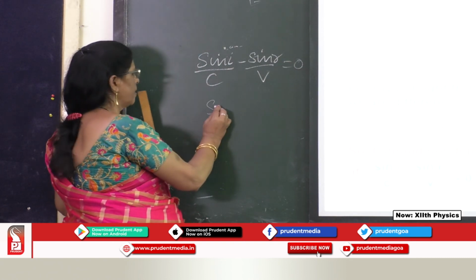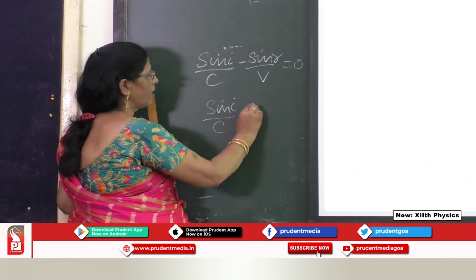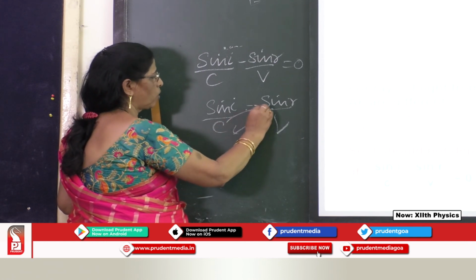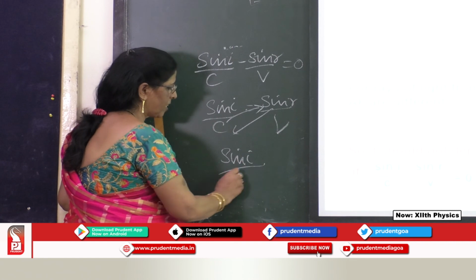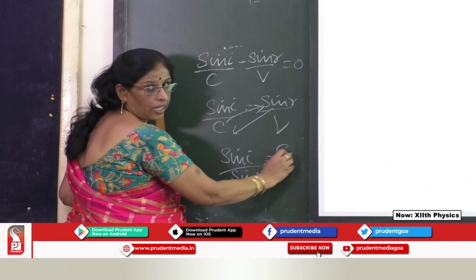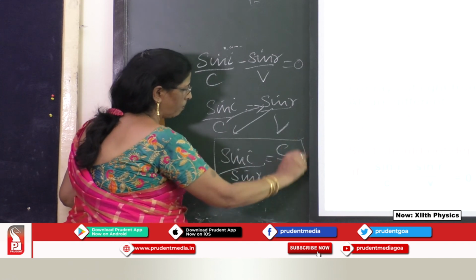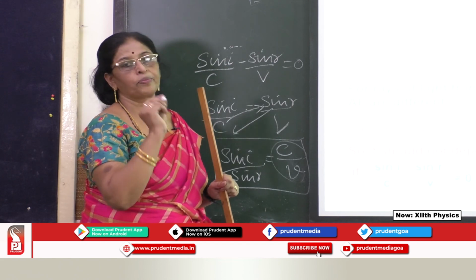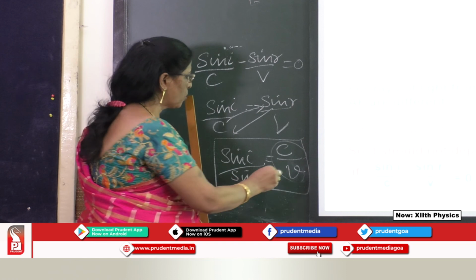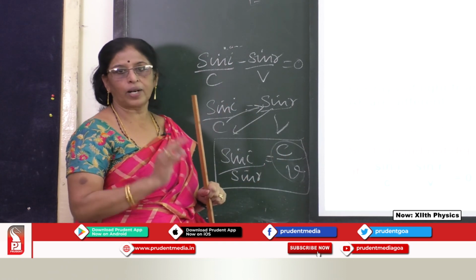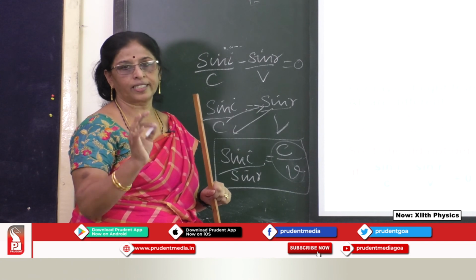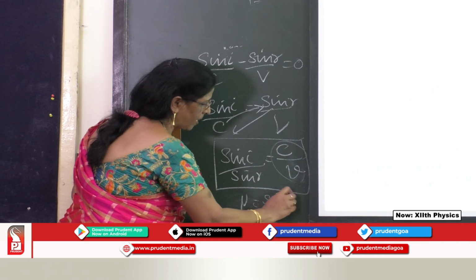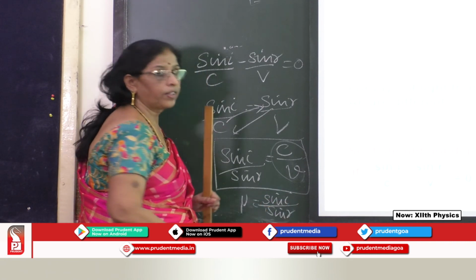Let us equate now. Or sine I upon C equals sine R upon V. Cross multiply here, take this over here, sine I upon sine R equals C upon V. This is nothing but the ratio of two velocities in two different media. This ratio of velocities is what we call the refractive index. Therefore mu equals sin I upon sin R, which proves the laws of refraction.